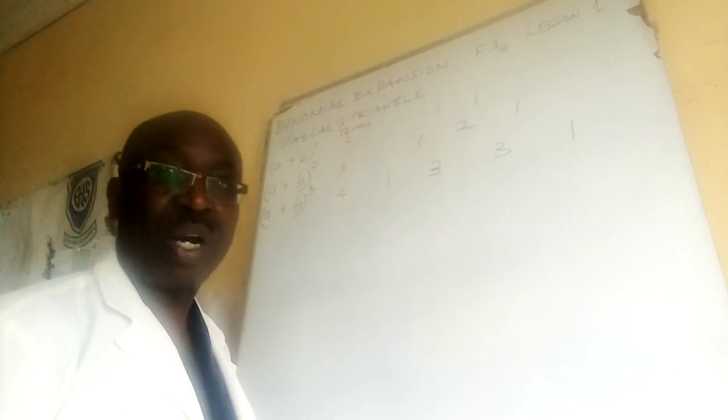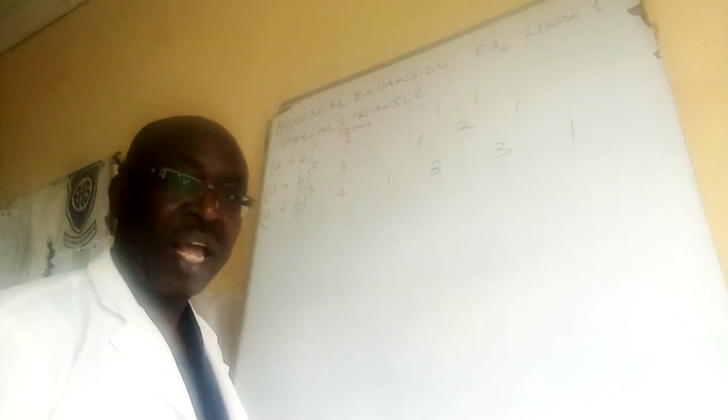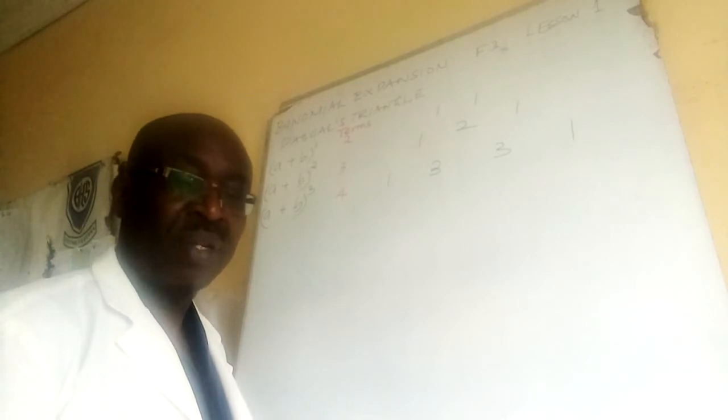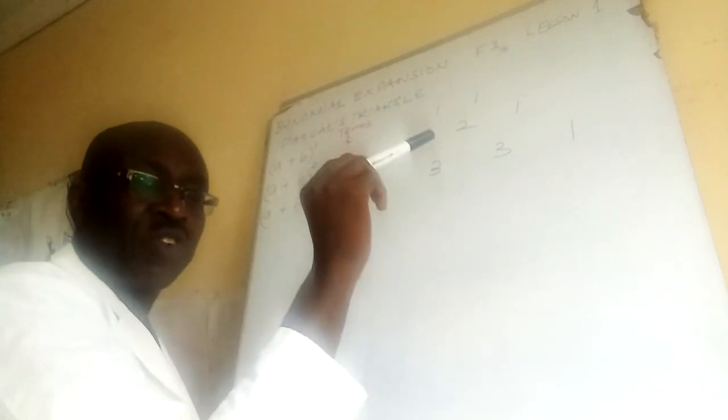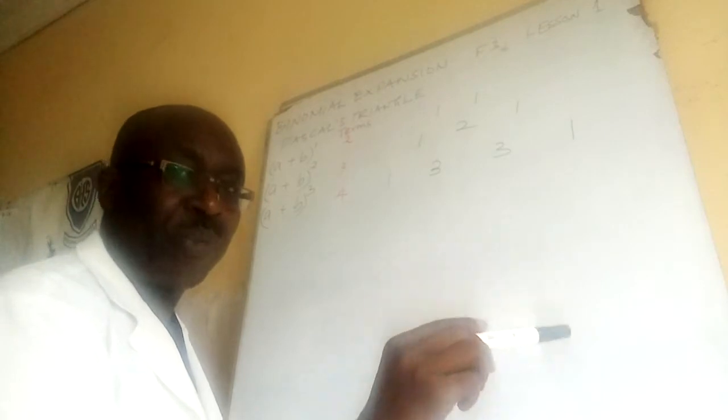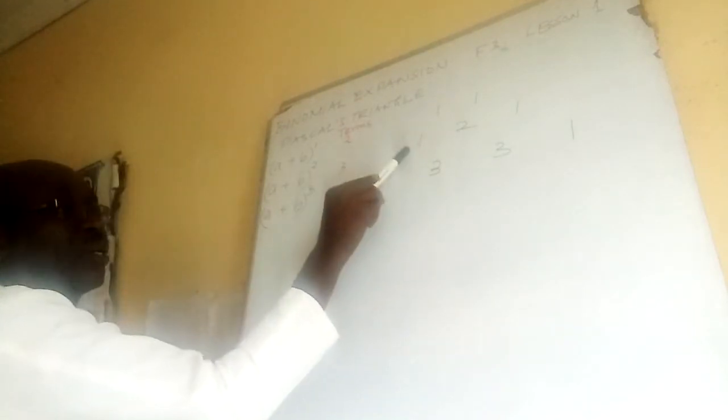So what is the expansion? A squared plus 2AB plus B squared. The coefficient of the first term of my expansion is 1.